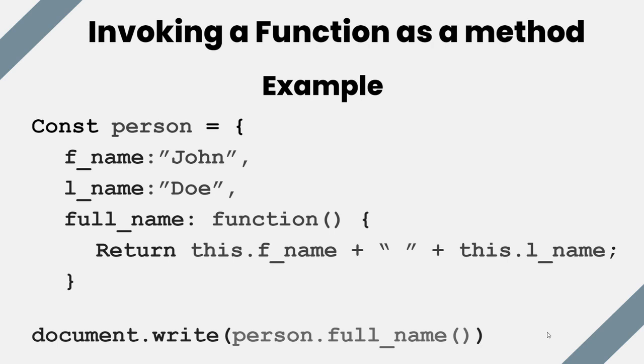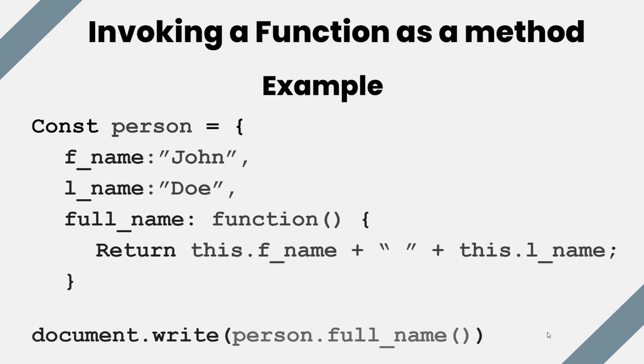But here we have this dot f underscore name plus a string with double quotes, and we'll also concatenate that with this dot l underscore name, and we are returning this entire statement. So what this entire statement will do is return John with a space in between, then Doe, to return the full name of John Doe.